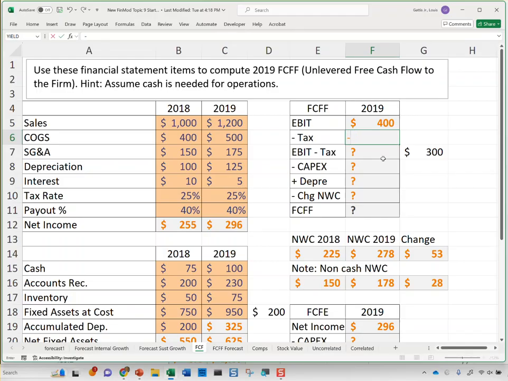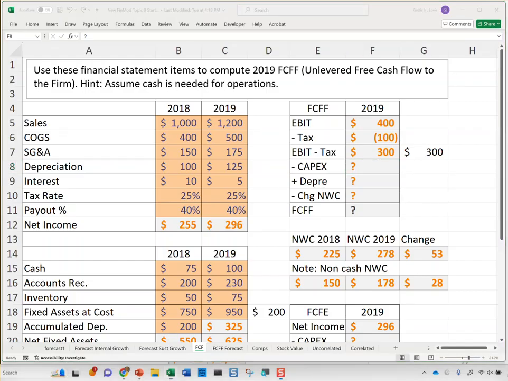I could have done this in one step, where I can just jump here and take 400 times 1 minus the tax rate, but I'll do it here in two steps. So I could have done it this way, just jump right to this row and say EBIT times 1 minus the tax rate. But I'll do it the old-fashioned way, minus EBIT times tax rate. And then I'll add that taxes and that EBIT, and I get to 300.